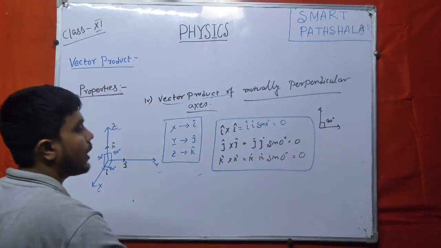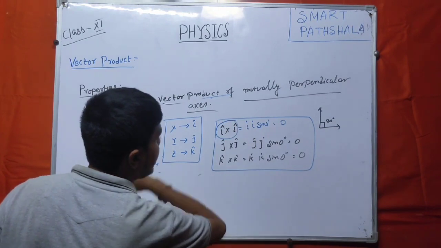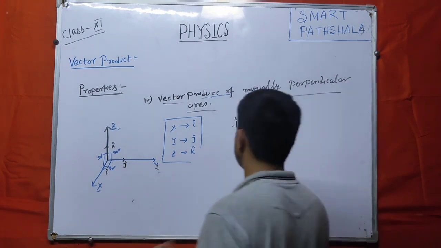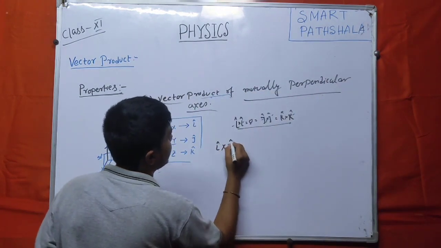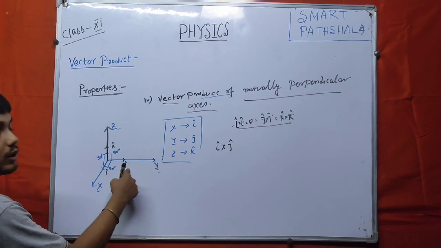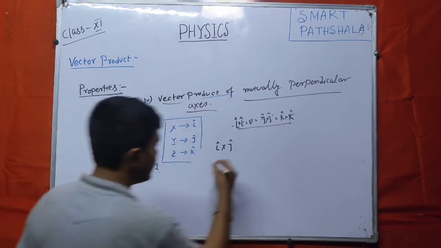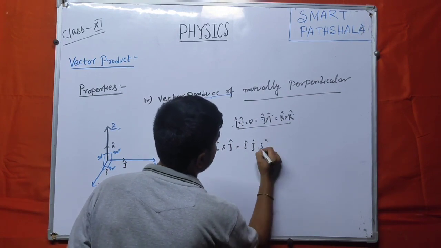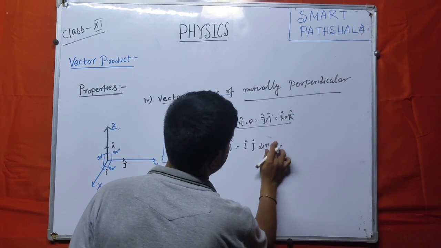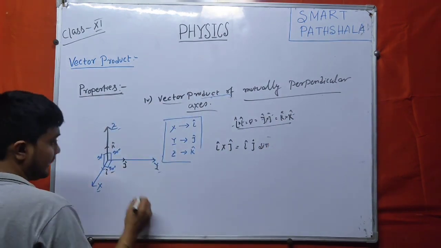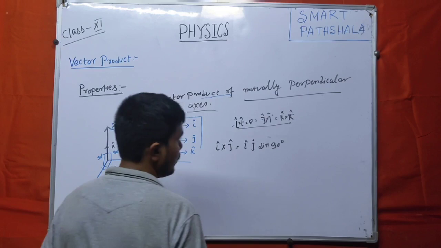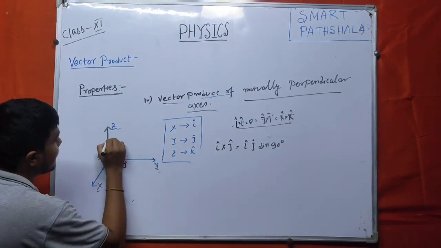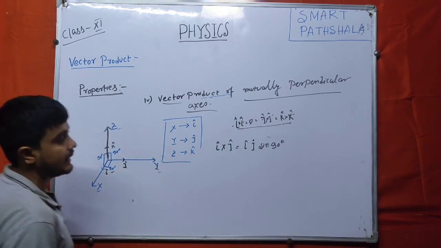These are the vector products of unit vectors of the same type. Then what is the vector product of i cross j? It can be written as i j sine of the angle between i and j. What is this angle between i and j? It is 90 degrees. And the direction of i cross j will be along the perpendicular to both i and j.